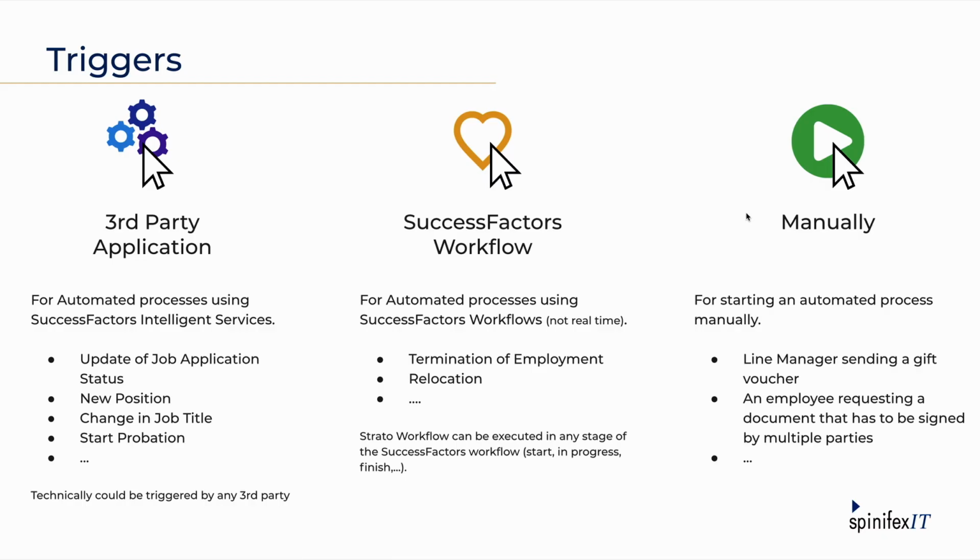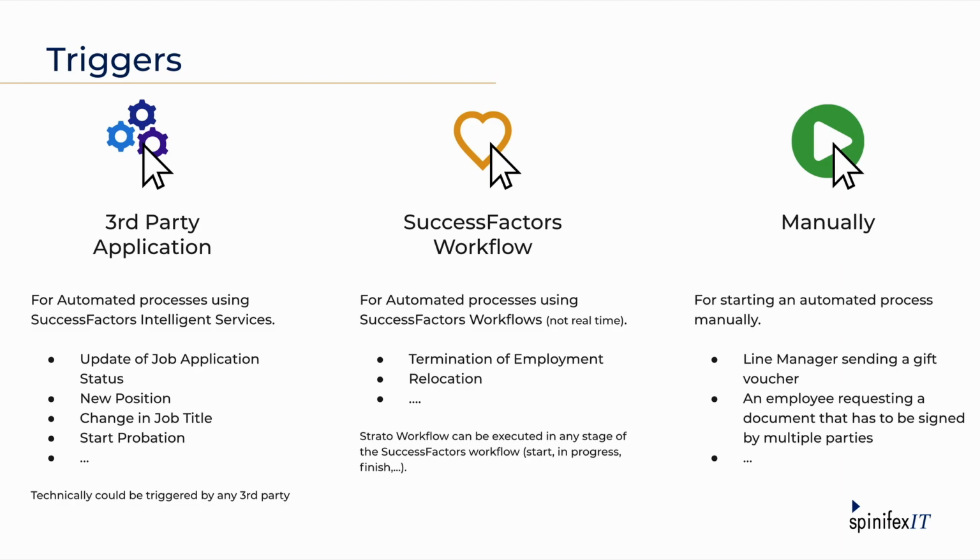So what are the triggers? How do you start a workflow? A workflow can first be started through a third-party application. In most cases, this would be through the SuccessFactors intelligence services, where you can say, okay, execute that workflow when the status of the job application has been changed, or when the employee has a new position, or when the employee has a change in their title, or when the probation of an employee is starting.